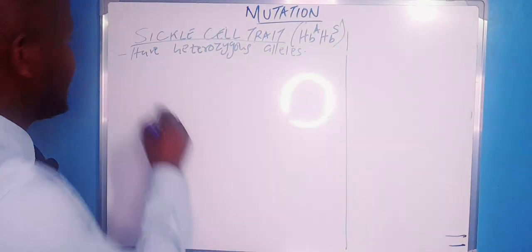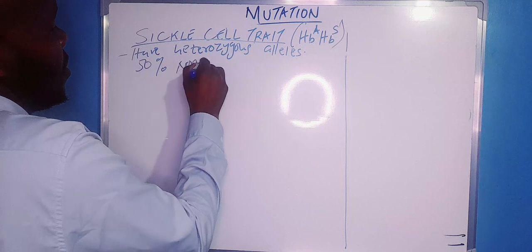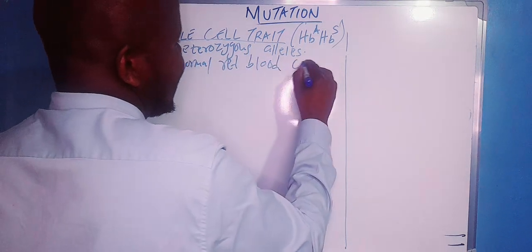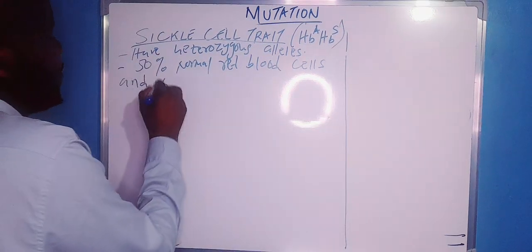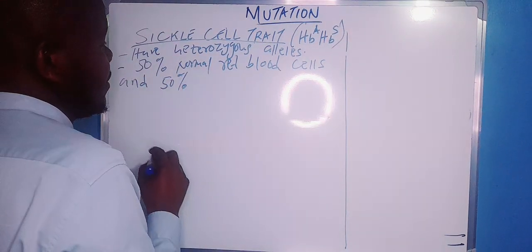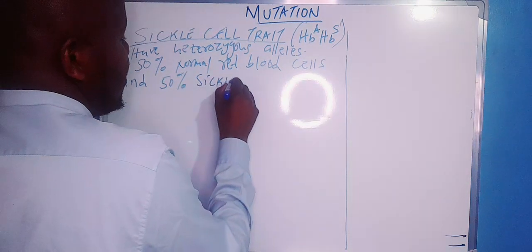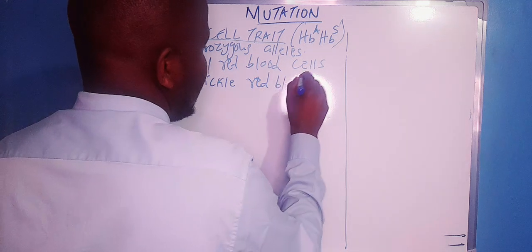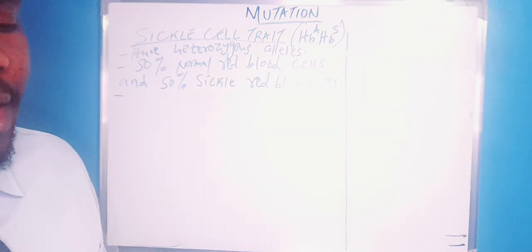So it means they have 50% normal red blood cells and 50% sickle red blood cells. That is it. Hope you understand this one now.